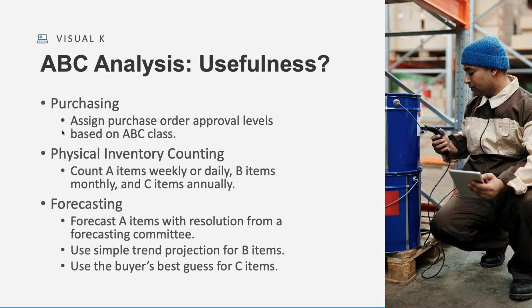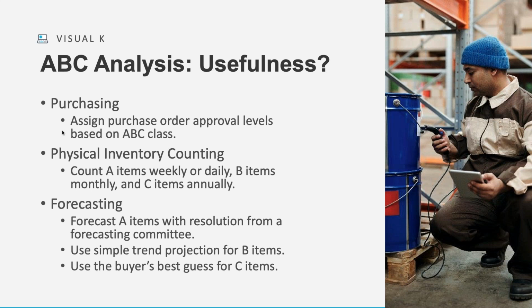Also for forecasting, for example, you can classify your items by using an ABC class A or a class B or a class C, right? So that the necessary people are in a room and they can come to an actual resolution of what it is that we need to buy and how much of these based on that classification, right? So for example, forecast class A items with a committee, because they're very important, they're expensive, they're items that really move thoroughly in your inventory, right?